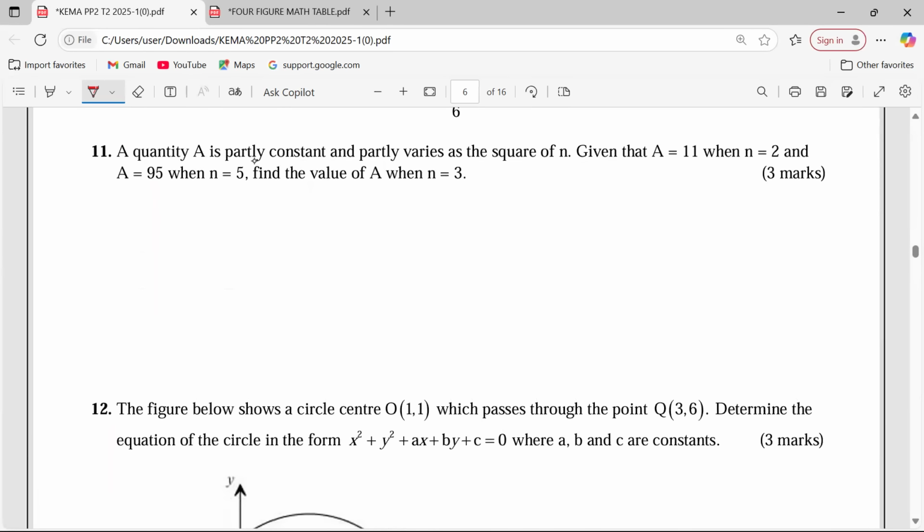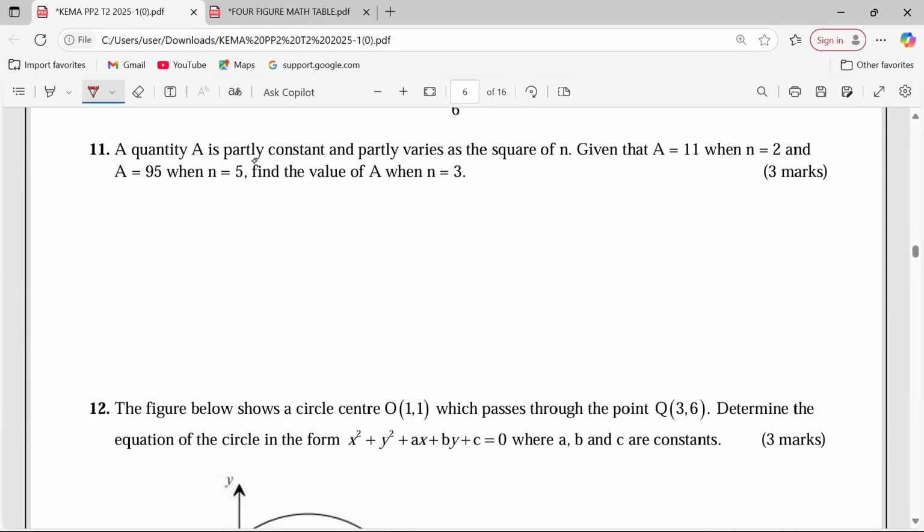Number 11. Today we are going to finish the whole section 1, which is a very interesting paper, very interesting section 1.